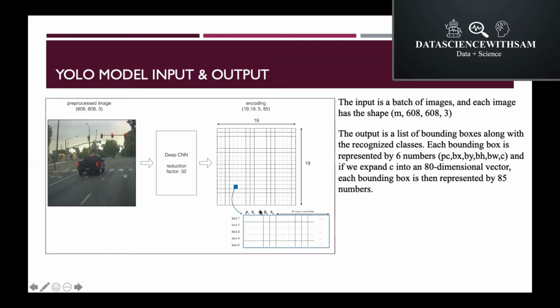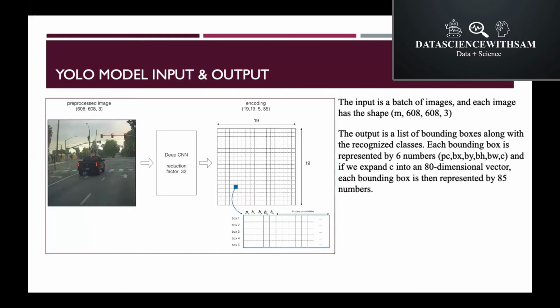Now you must be wondering what the bounding boxes look like. The bounding boxes are represented by 6 numbers: BX, BY, BH, BW, and so on. BX, BY represent the location of the bounding box along the X and Y axes. Then we have BH and BW, which are the actual height and width of the bounding box.